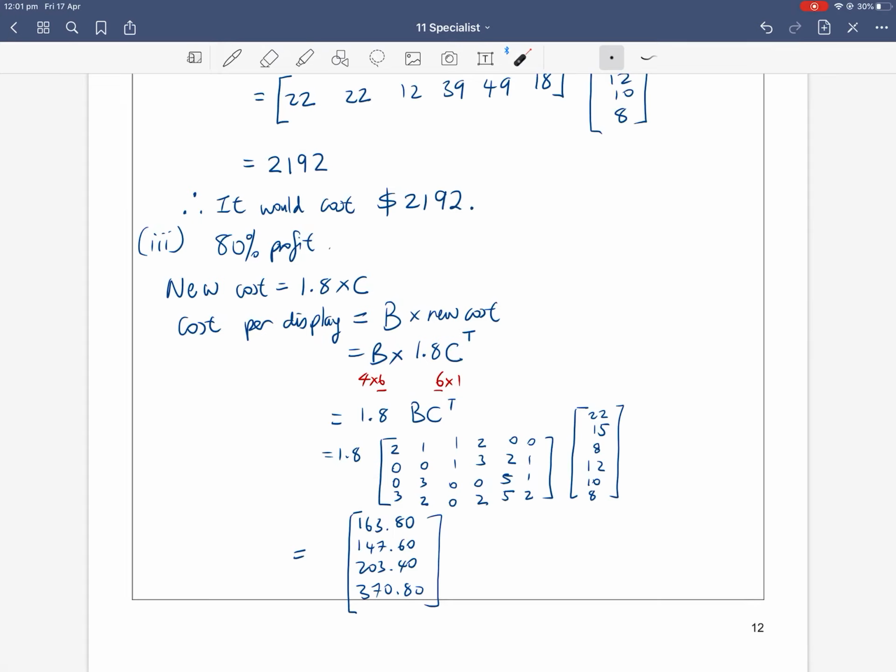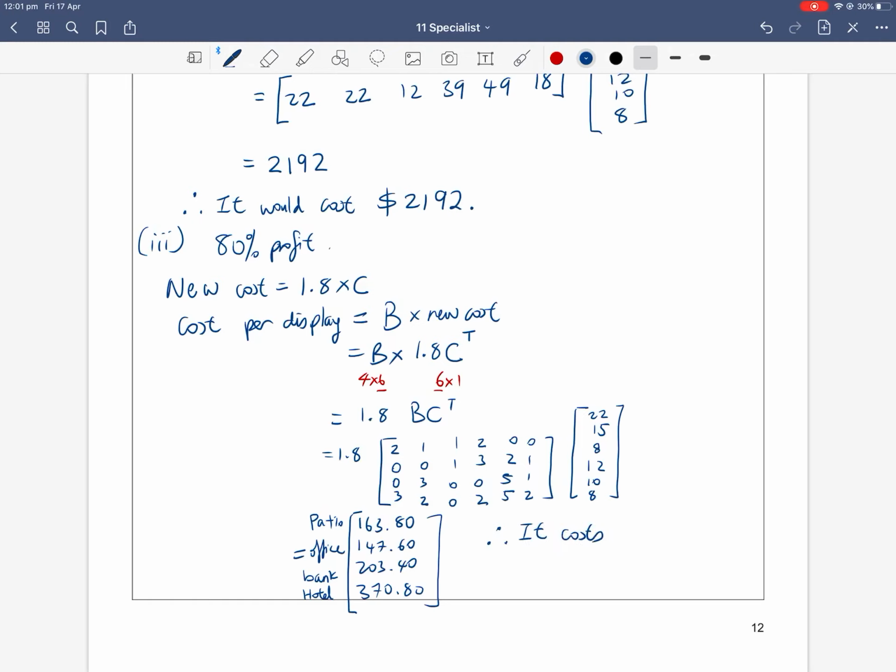Remember, the order of the 4 in this B matrix was patio, office, bank, and hotel. So that means the order for this resulting matrix is also patio, office, bank, and hotel. This is why the order is so important, and why you don't just mix it up however you like, because if you mix up the order, then multiplying the numbers will not make sense.